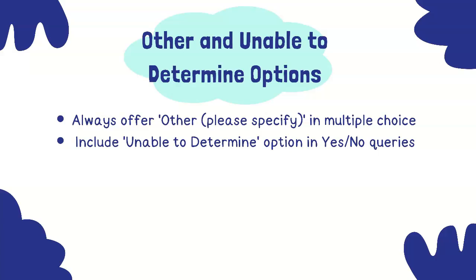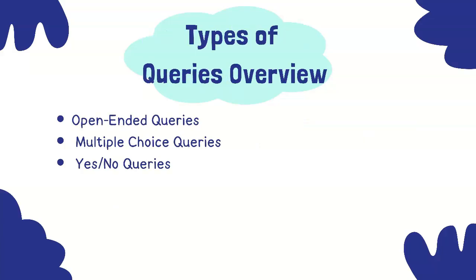Oh, so at this point, you should see two types of queries: multiple choice queries, and then the yes no query. So, types of queries, there's three types. There is the open ended, and these request clarification in a narrative format, which basically is like free text, right? Multiple choice queries offer reasonable diagnostic options that you come up with based on the clinical evidence. And of course, you have to have that other choice.